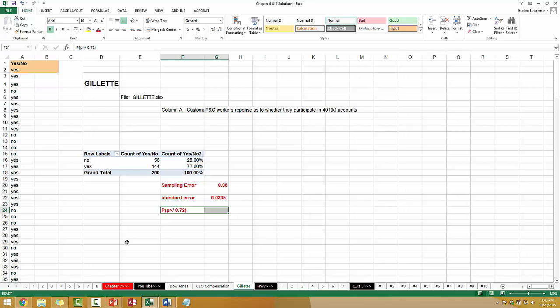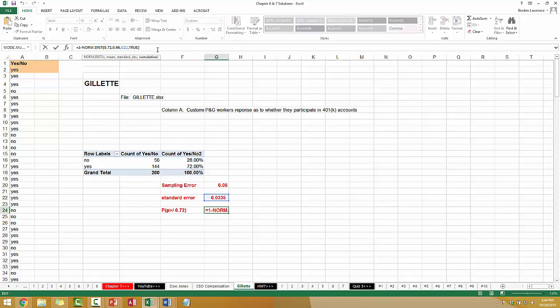So to do this, I'm going to insert a NORM.DIST function with 0.72 being the sample proportion that we found earlier in Part A, 0.66 being the population proportion, and our standard error being the standard deviation in the NORM.DIST function. Again, cumulative, and since we want greater than or equal to, we'll do a 1 minus to yield a probability of 0.0366. So we see that it's very unlikely that a sample proportion will be greater than 0.72 given a population proportion of 0.66.